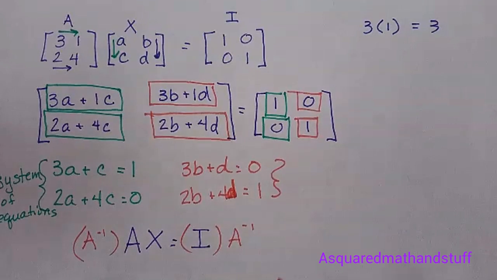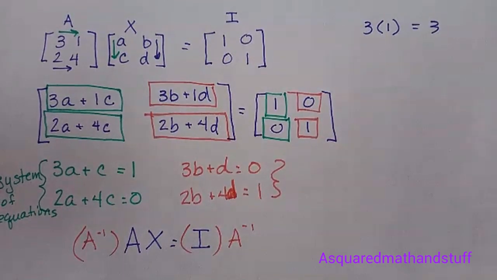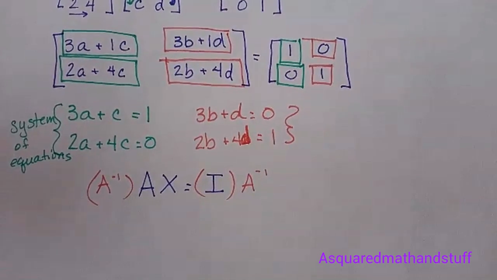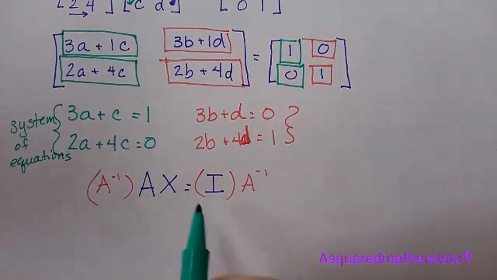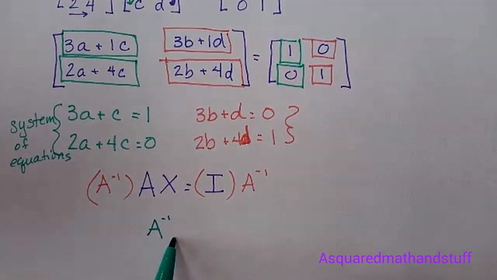And this A to the negative 1 is called the inverse of A. And it's the inverse because if we multiply A to the negative 1 times A, everything is going to simplify out to give us that identity matrix, or ones and zeros. Check out the next video for examples on how to set this up, because what we end up doing is setting up a double augmented matrix.